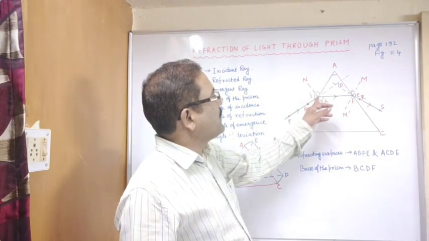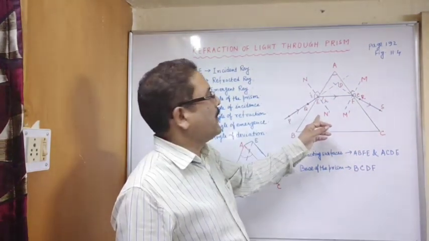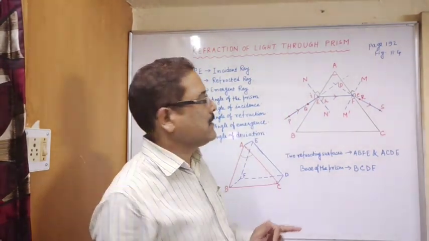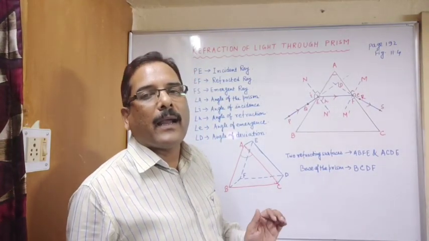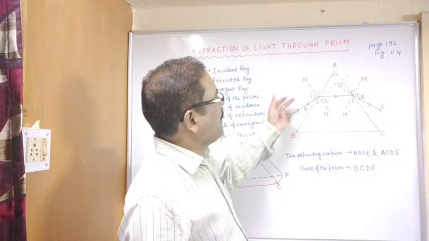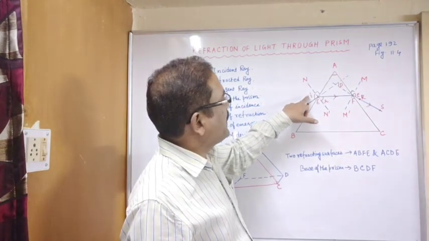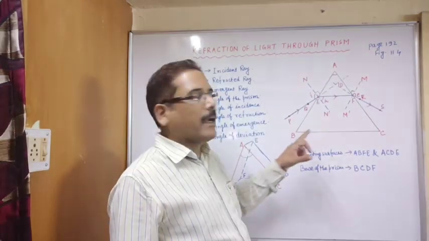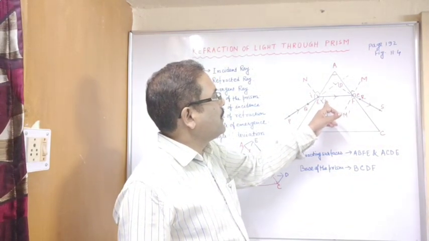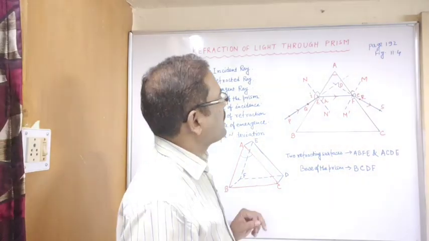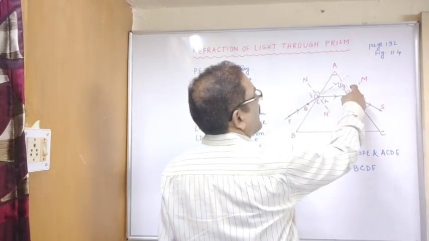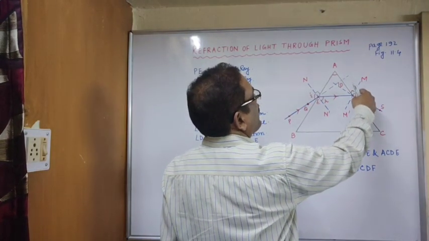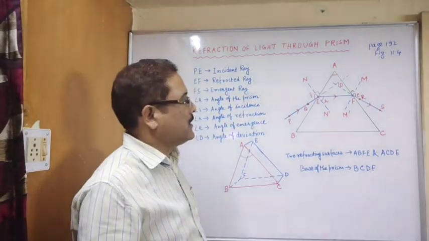Similarly, at the point of incidence, we have drawn a normal, and the name of this normal is N dash. And as we know, the angle between the incident ray and the normal is the angle of incidence. That's why we have marked here angle I. And the angle between the refracted ray and the normal is the angle of refraction. Similarly, this is another angle of refraction, and the angle between the emergent ray and the normal is the angle of emergence.